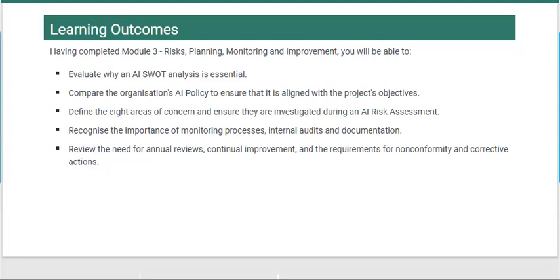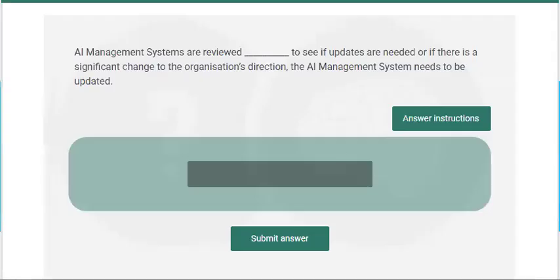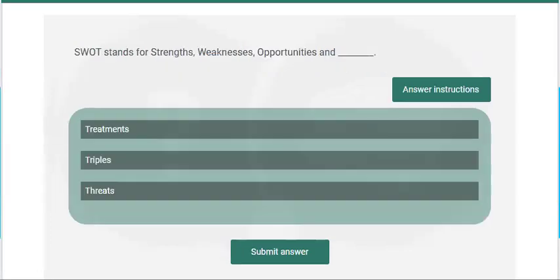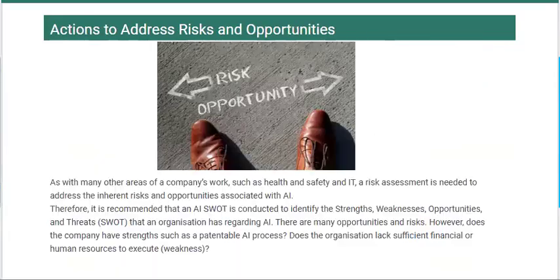Actions to address risks and opportunities. As with many other areas of a company's work, such as health and safety in IT, a risk assessment is needed to address the inherent risks and opportunities associated with AI. Therefore, it is recommended that an AI SWOT is conducted to identify the strengths, weaknesses, opportunities, and threats (SWOT) that an organization has regarding AI.